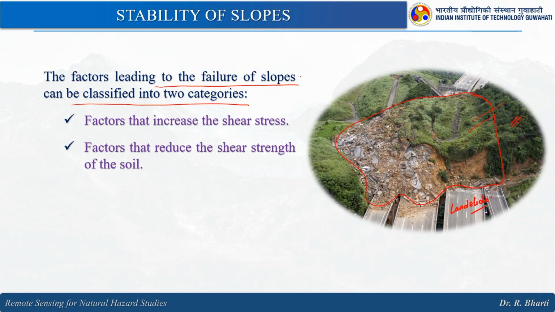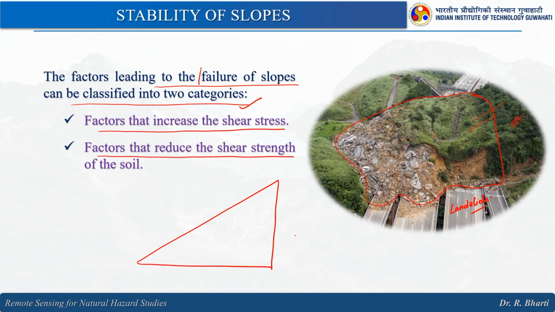The failure of the slope can be classified into two major categories. The first one is the factors that increase the shear stress, and the second one is the factors that reduce the shear strength of the soil. So here you have a slope.